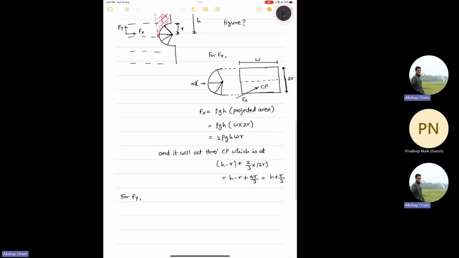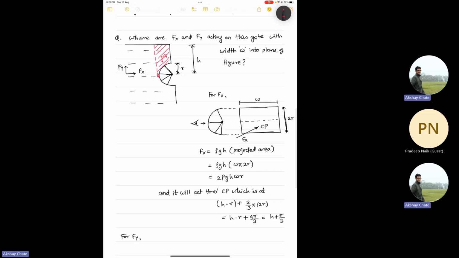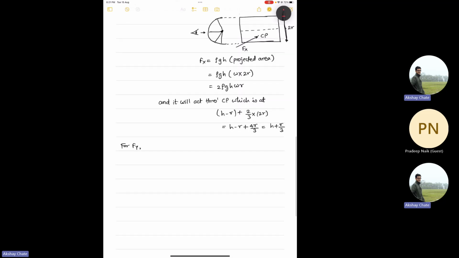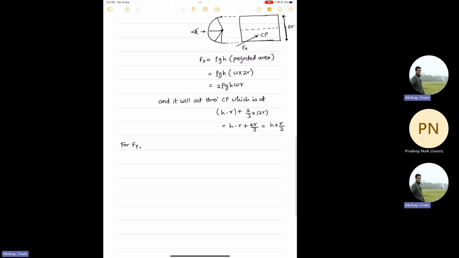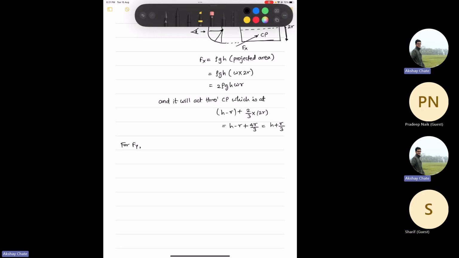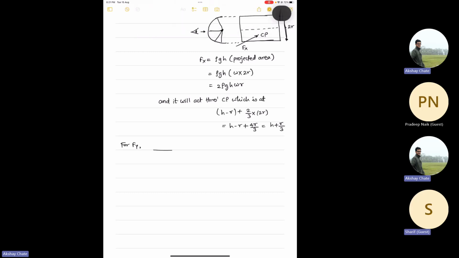So this now becomes a geometry problem. Maybe I'll redraw. You have this much, one quarter of the geometry here, and this much area you need to find out, and then you can multiply with the width and you'll get the volume.